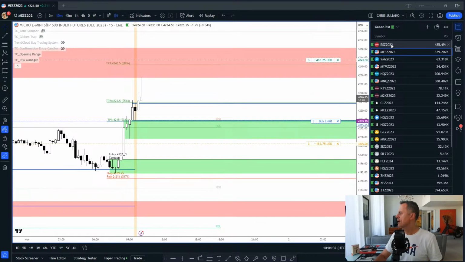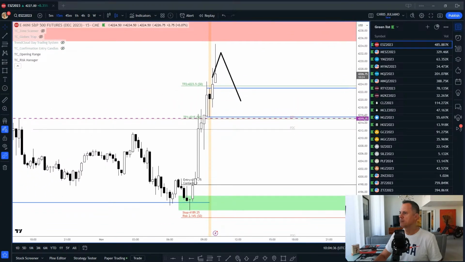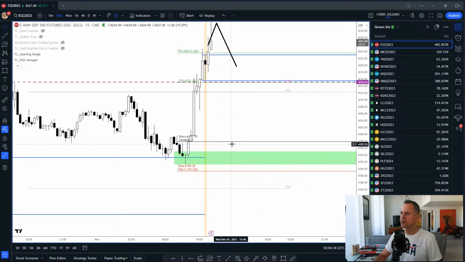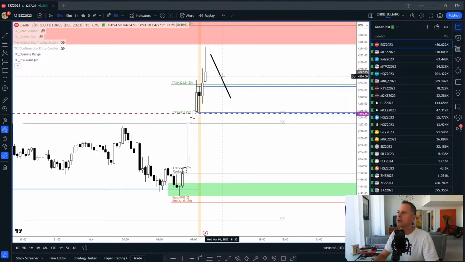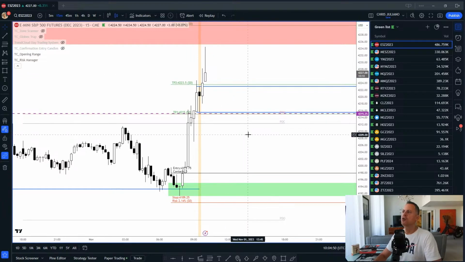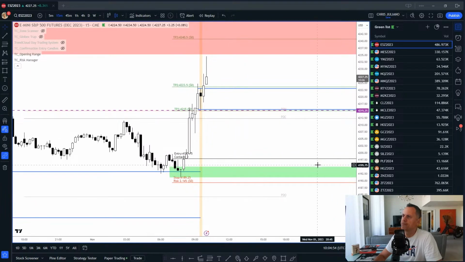And the full contract, guys, is the same thing, right? Same picture. Just more expensive. So on a small account, it's the same exact picture.